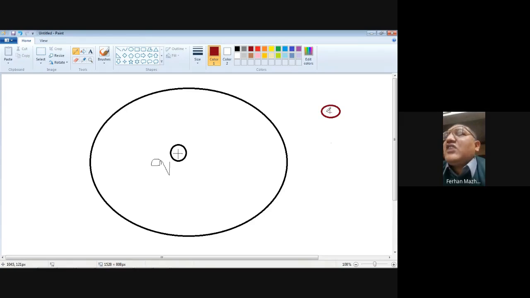is outside this field, this boundary, this charge will experience no force of attraction or force of repulsion. But if it comes inside that boundary, it will definitely experience electrostatic force.